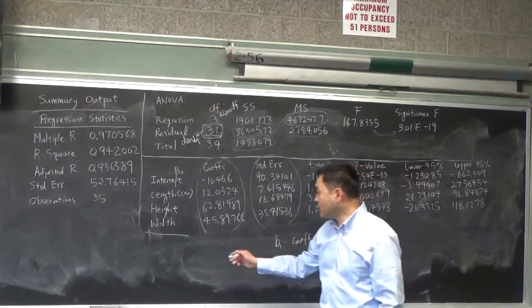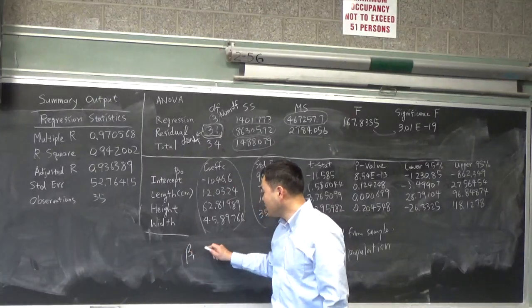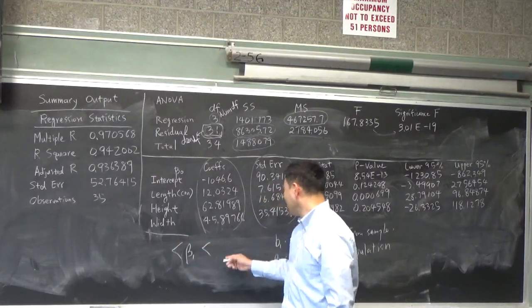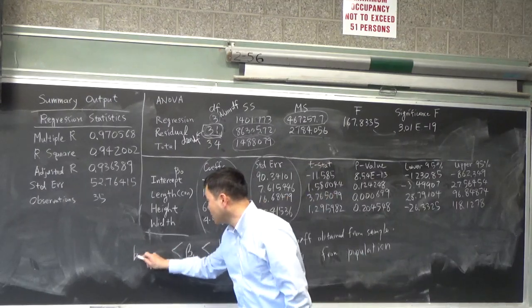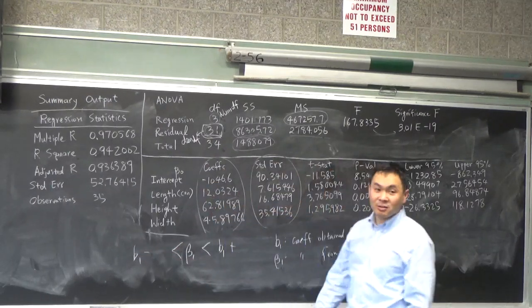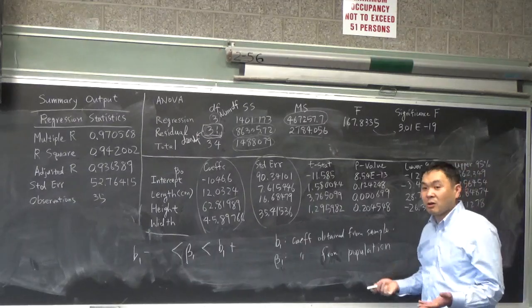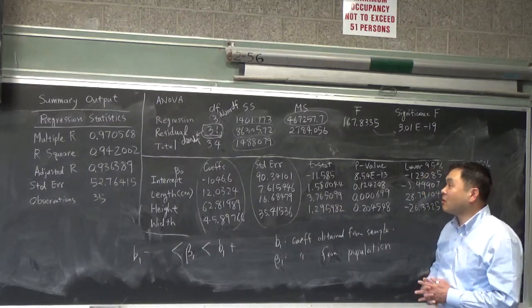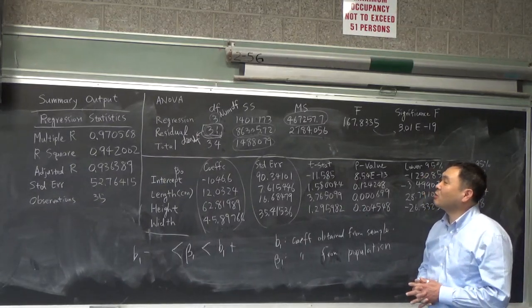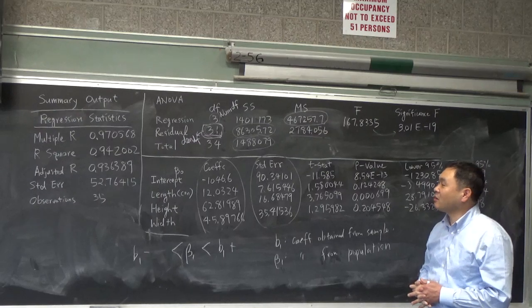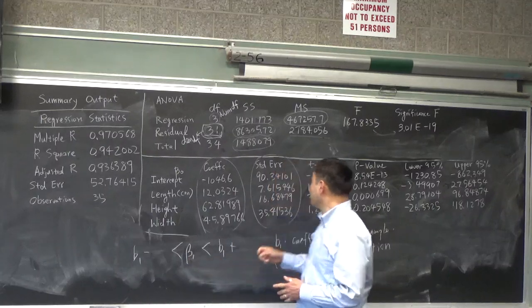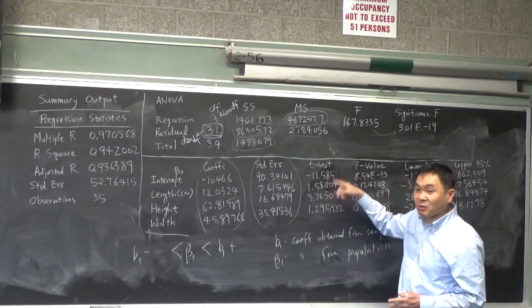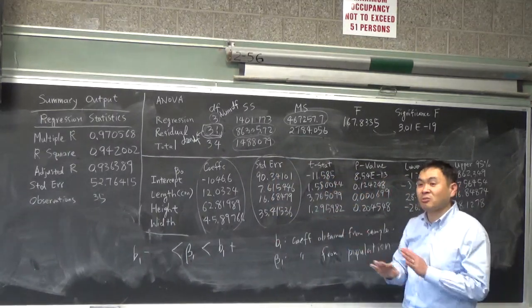And the way we do it is we say beta 1 is between b1 plus margin of error and b1 minus margin of error. Right? That format is same as before. What's slightly not true is, for these we're saying that those follow T distribution, normal distribution.